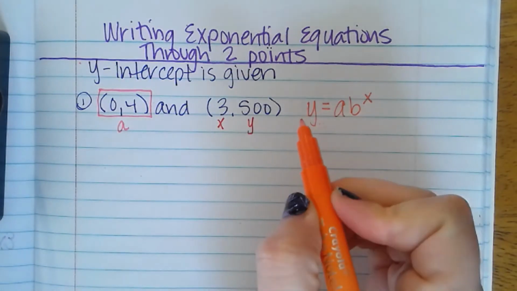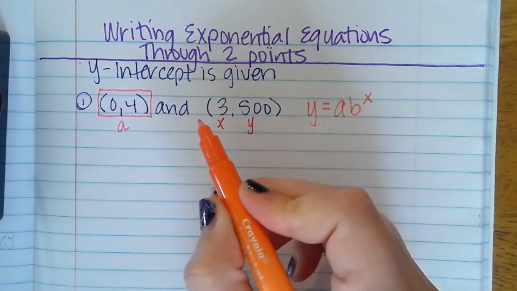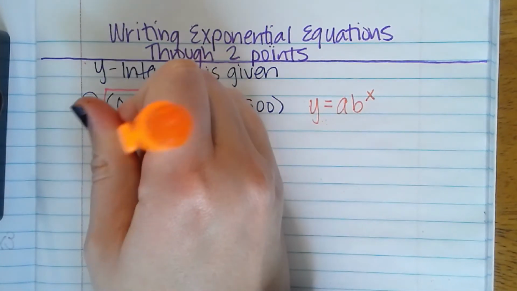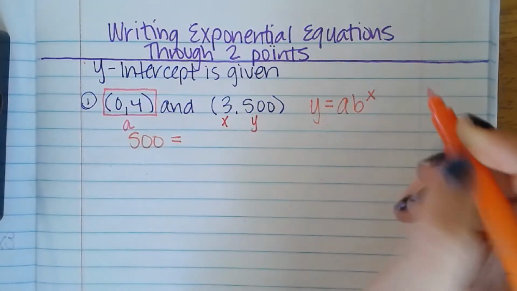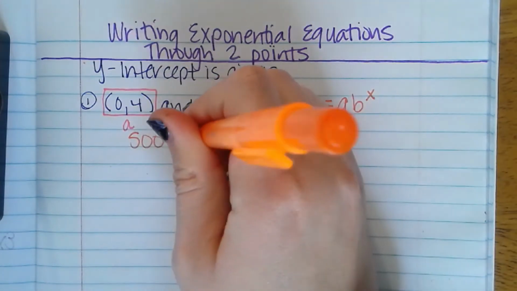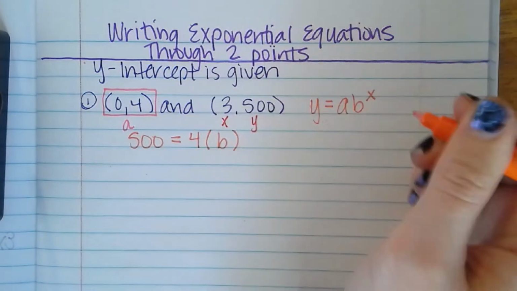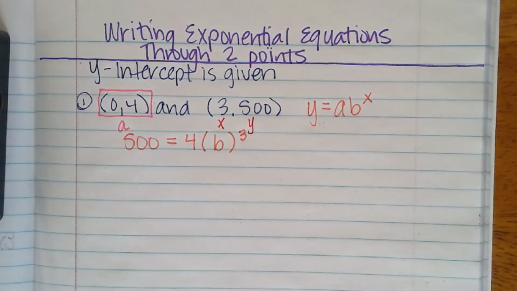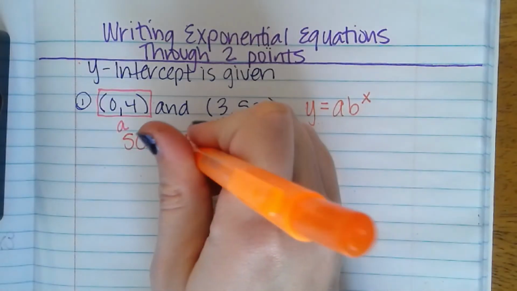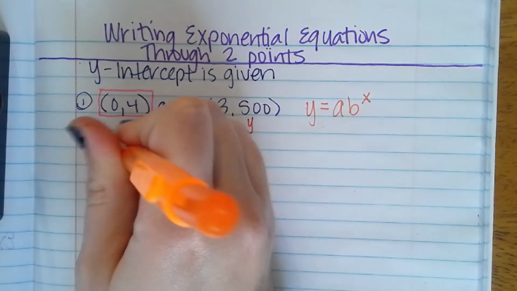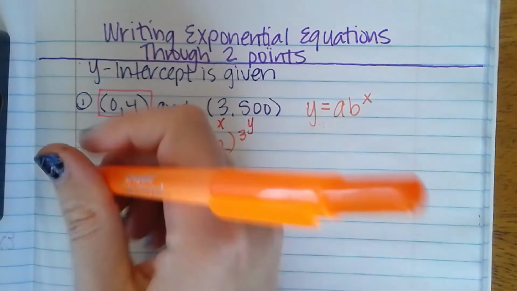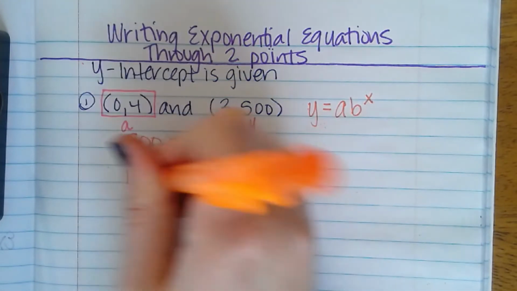So what we're going to do now is plug into this equation all of the information that we know. We know our y value is 500, so we're going to do 500 equals, a is 4, we don't know what b is, and we know x is 3. And then we're going to use our algebra skills to solve for b. Our first step would be to divide by 4 to get that b cubed all by itself. So 500 divided by 4 gives us 125.